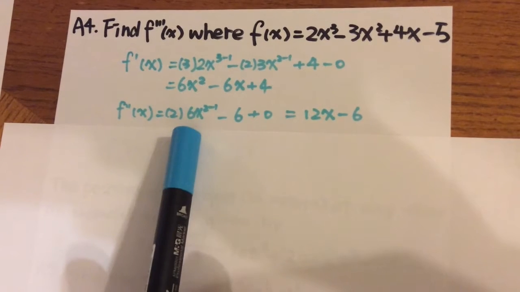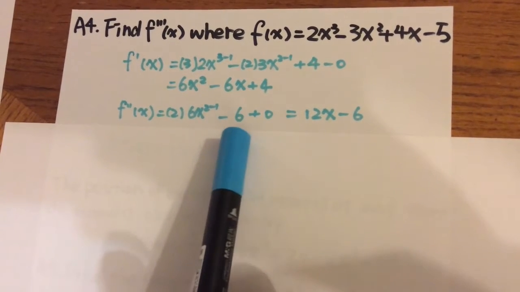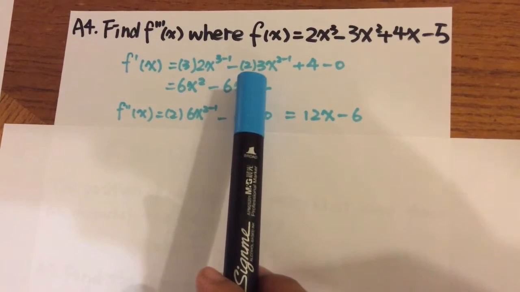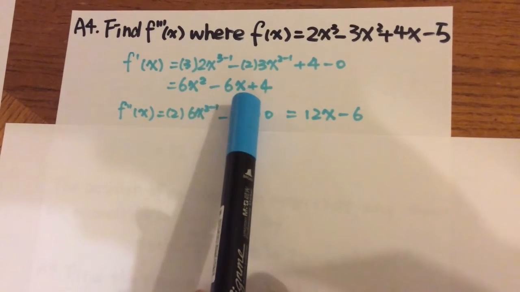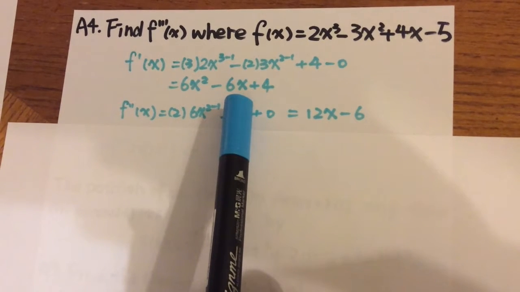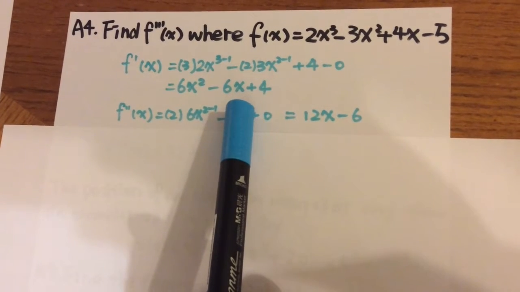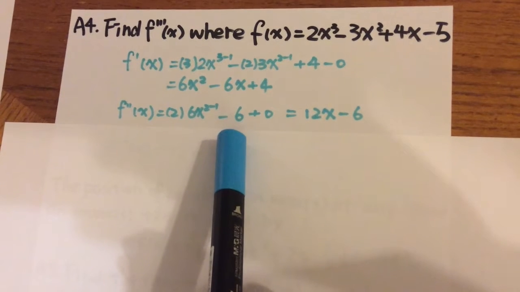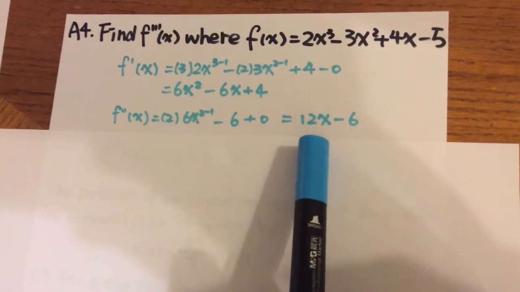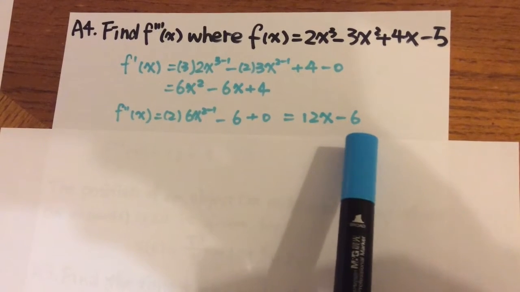This is the power rule. And the next is minus 6 for this part: 1 goes to the front, 6 times 1, and the power 1 minus 1 is 0, so it's also 1. So finally we got minus 6 and plus 0. Finally we got 12x minus 6.